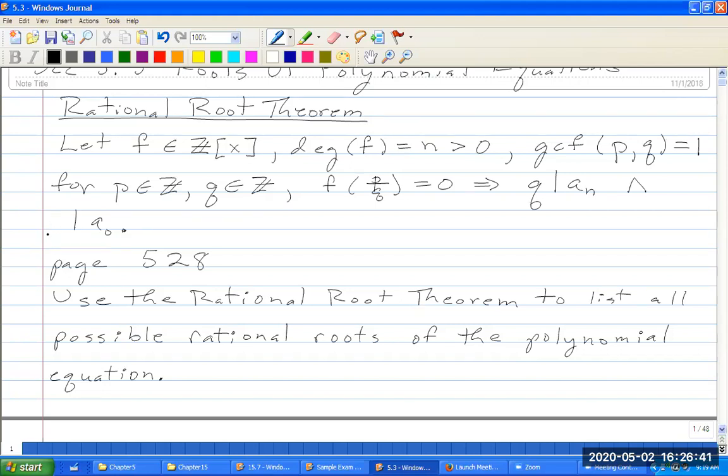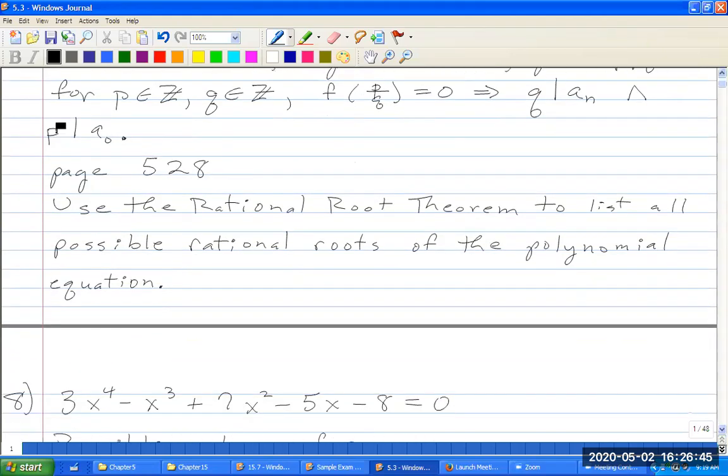Sorry about this. In the theorem, I guess I wrote it. Did I write it wrong in the theorem? But what I've written for the roots is correct. Okay, so let's do this.